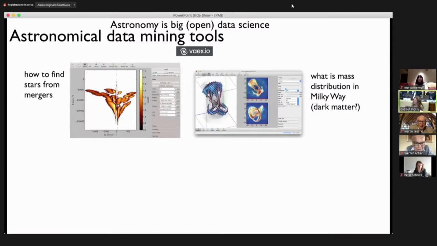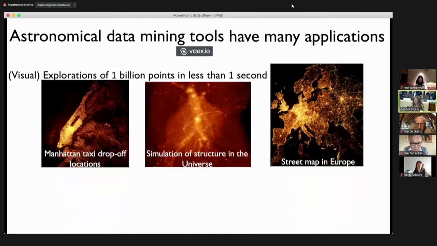Of course, if you have a data set that has 1 billion entries, then you need software that can analyze this data quickly, that can explore it, that allows you to discover, for example, this merger debris. And so in my group, we developed a tool that's called Vaex. This tool is useful for many different things because it allows you to explore visually 1 billion points in less than 1 second on your laptop.